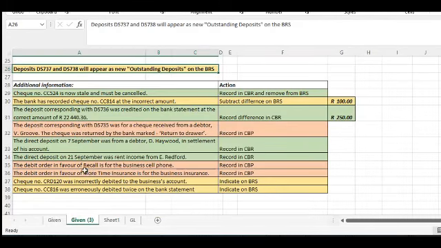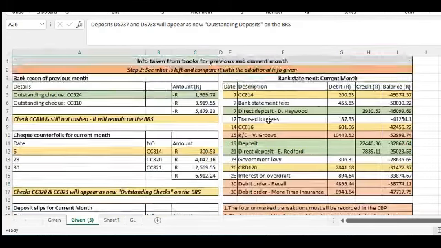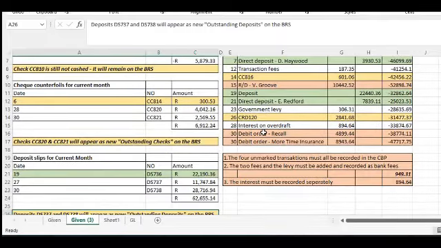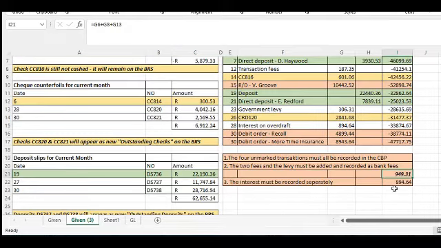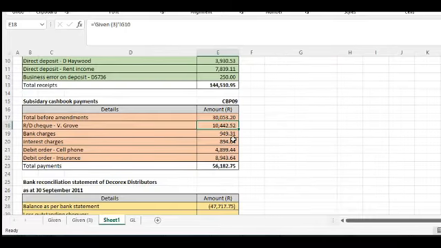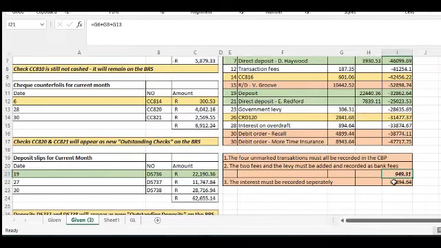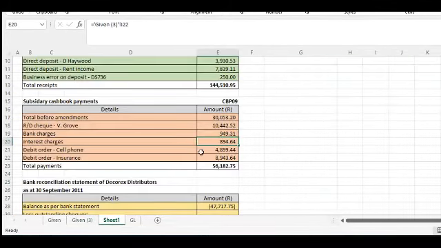Then we go and we look here and we say, okay, there were these unmarked ones that have to be there, and we already calculated all the bank fees as 949.31. So we bring it in there. The same with the interest charges. It was just that one there. We brought it in.